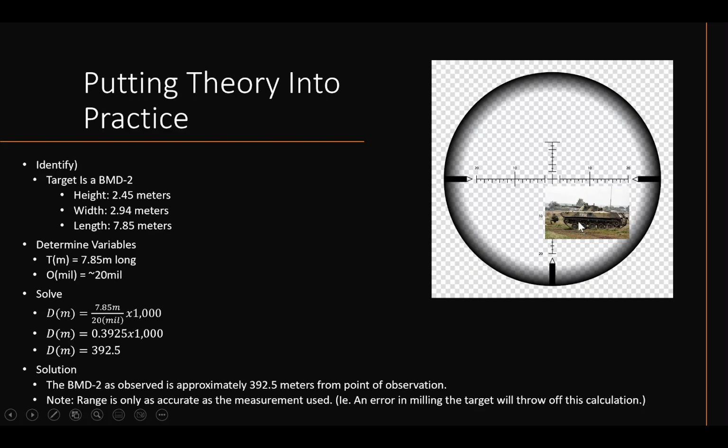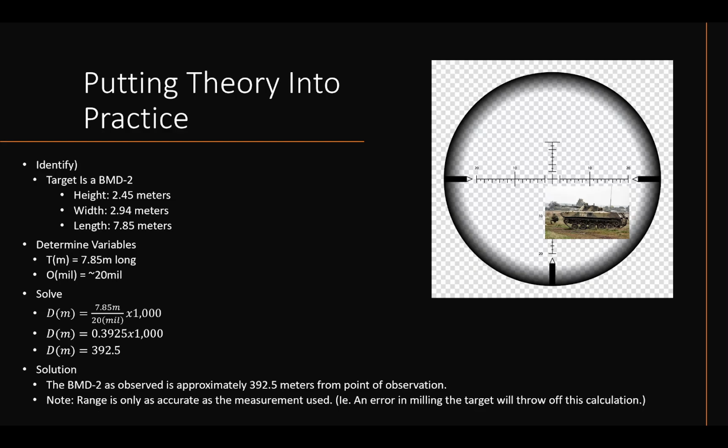I say approximately because it doesn't line up perfectly, and we also see that our BMD is at a slight angle here, meaning that that can skew our dimension of that. It's as simple as plugging into the formula, solving, and here's an example of if we did not have our constant to multiply, we would get some gibberish out that means nothing. In the case of meters, it's an easy move the decimal place over a few digits, and we get 392.5 yards.